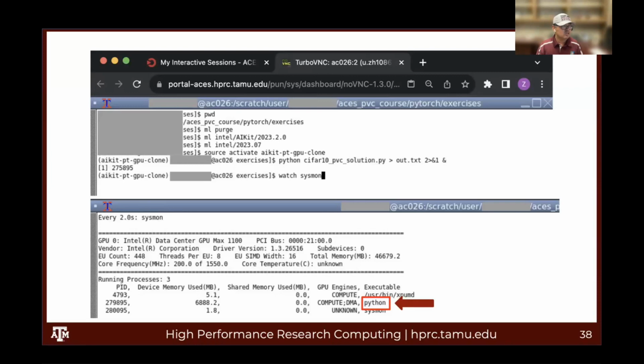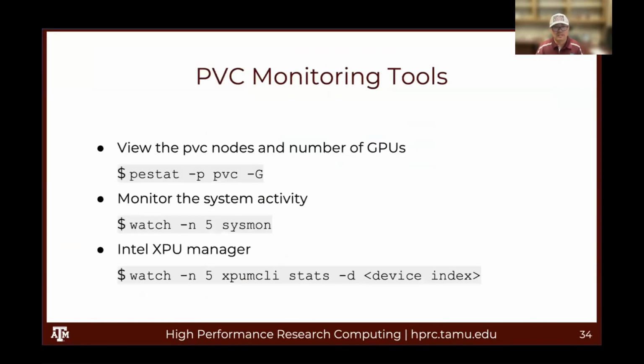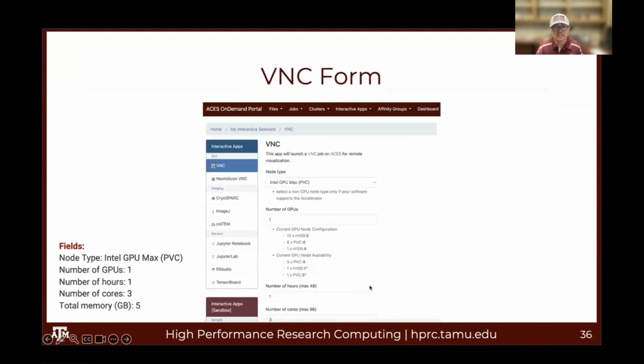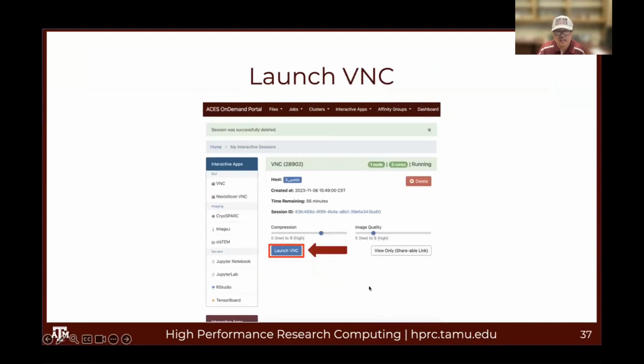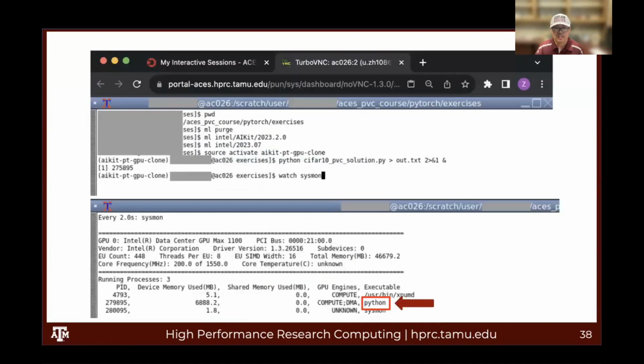But if you want to check the power and temperature of the GPU, you probably want to run the command xpumcli stats -d device. But for today, I will just show these. I tested this yesterday, and you can also use our VNC session to check the PVC usage.